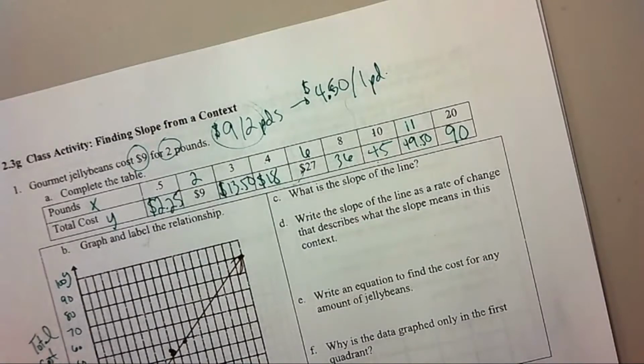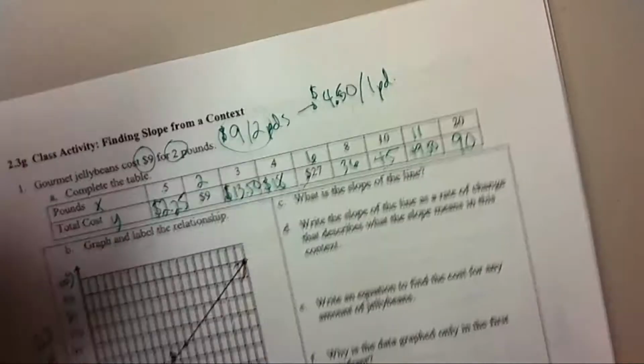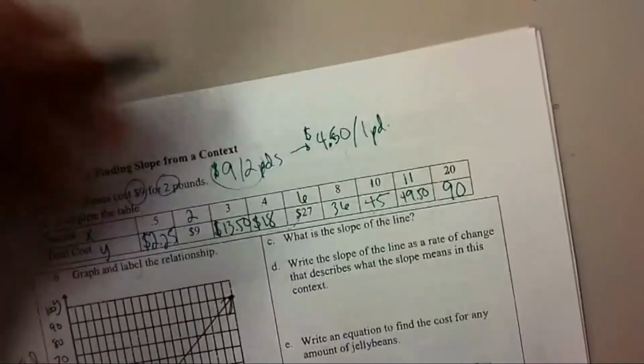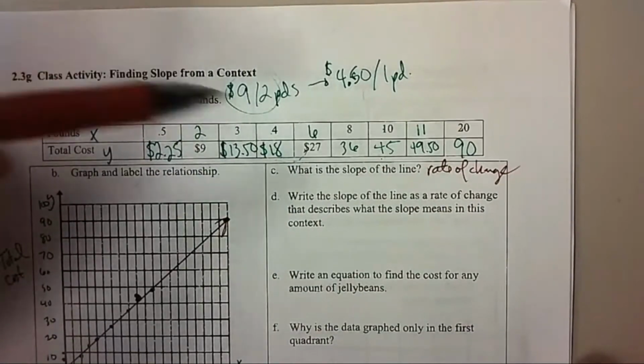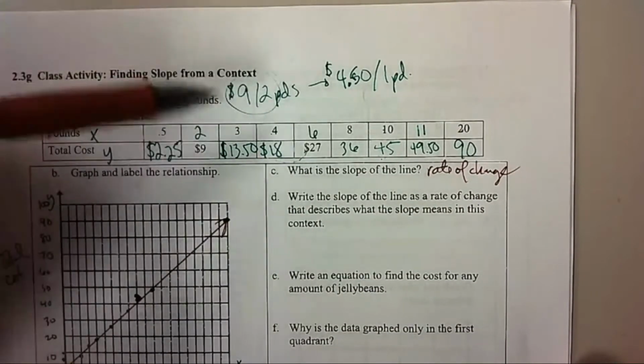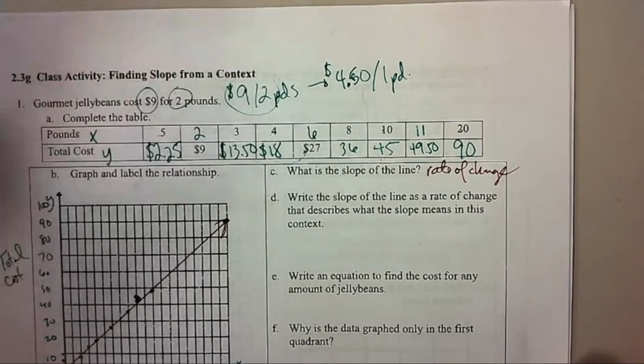Okay. Part C, what is the slope of this line? Well, the slope refers to your rate of change. Okay, your slope is your rate of change. And we knew that it was $9 per 2 pounds.